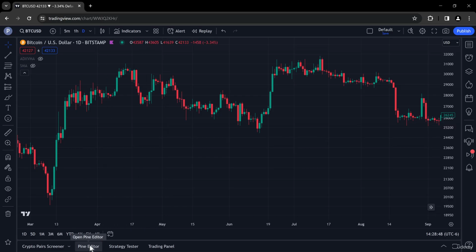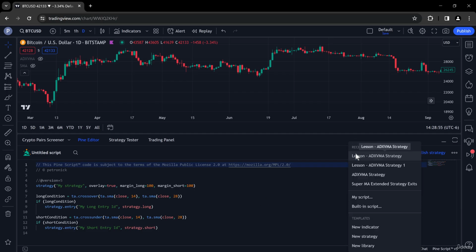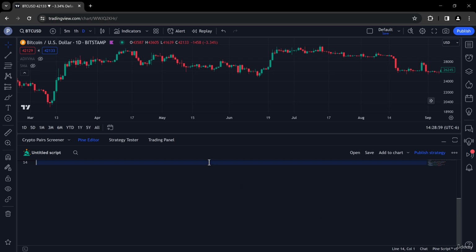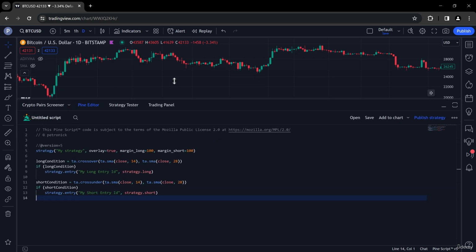We're going to go to Pine Editor. We're going to click on the Pine Editor button. Then we're simply going to click on Open and click on new strategy. We are starting to develop the new trading strategy.